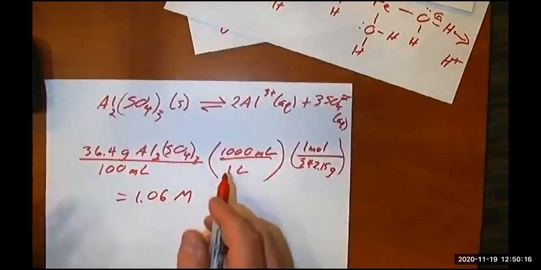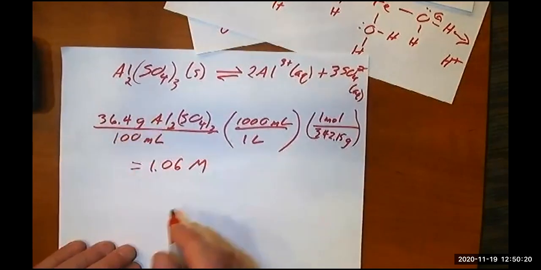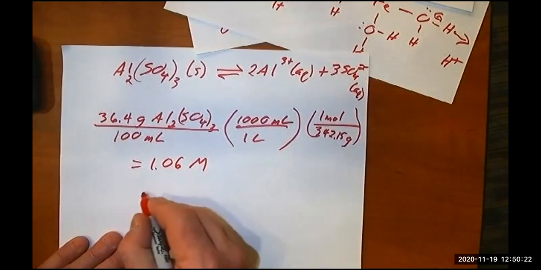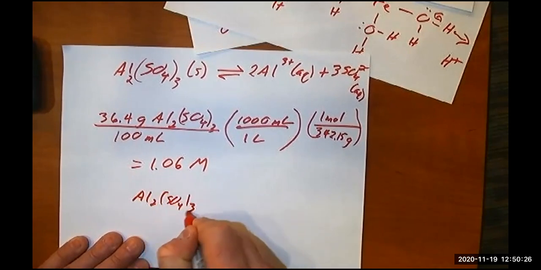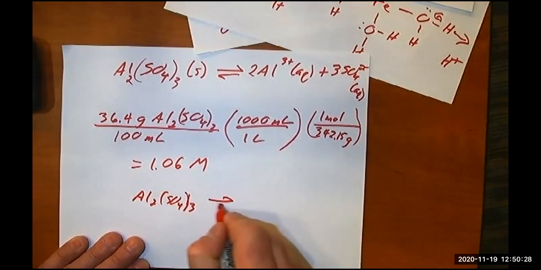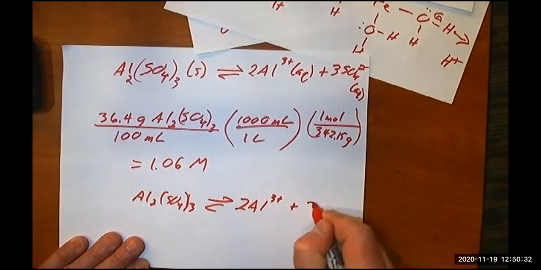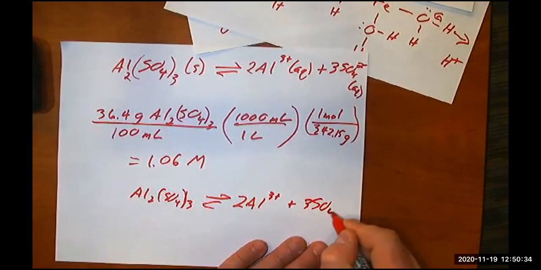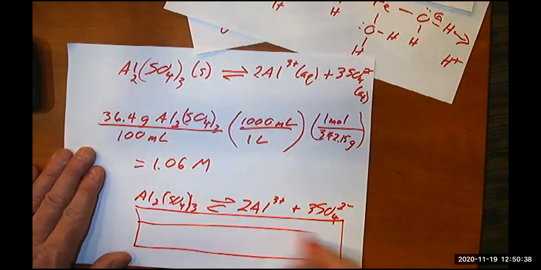Now, if we look at an ice table for this, we find Al2(SO4)3 going to 2Al3+ plus 3SO4 2-, and we look at it dissolving.